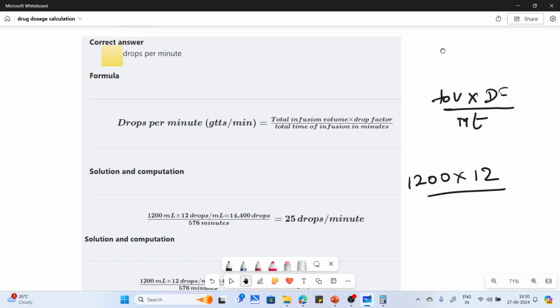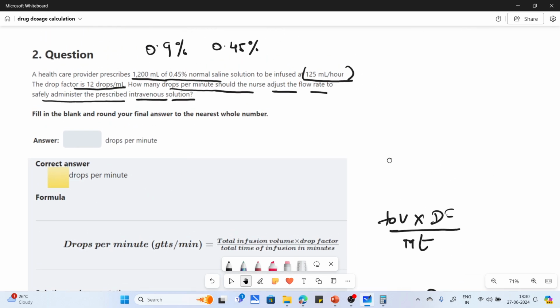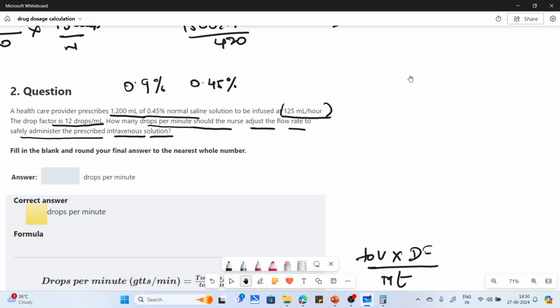Here they have not mentioned the timings. So what are we supposed to do when they have not mentioned the timings? 1200 ml divided by 125, right?